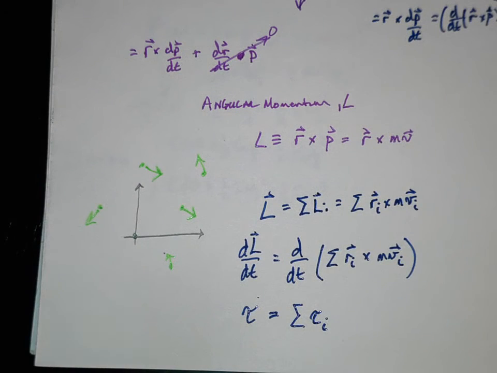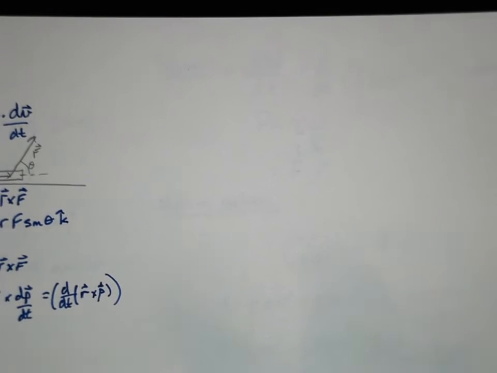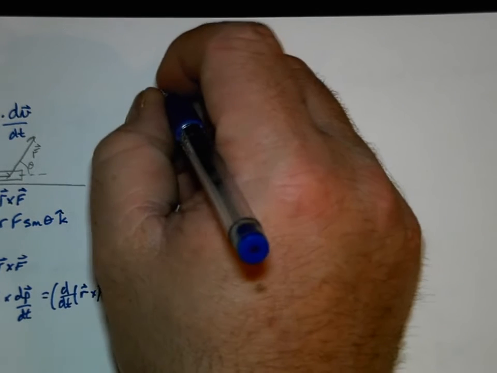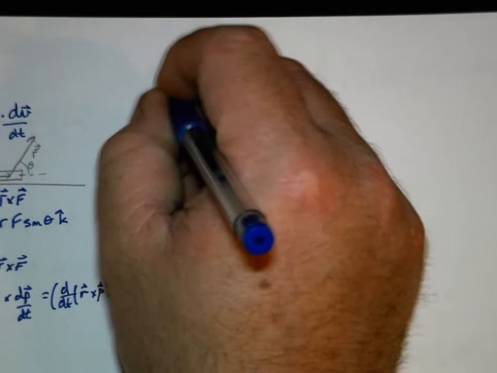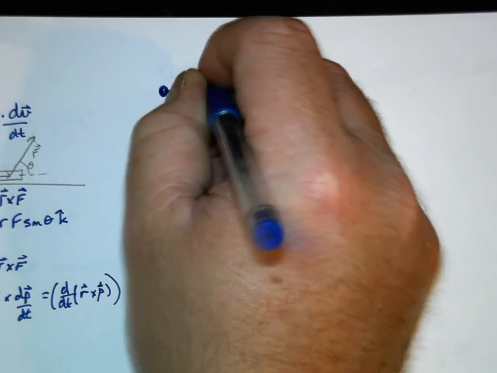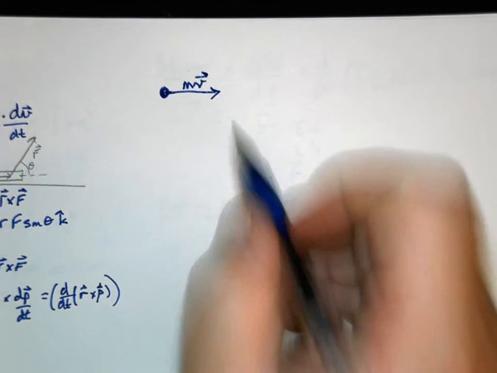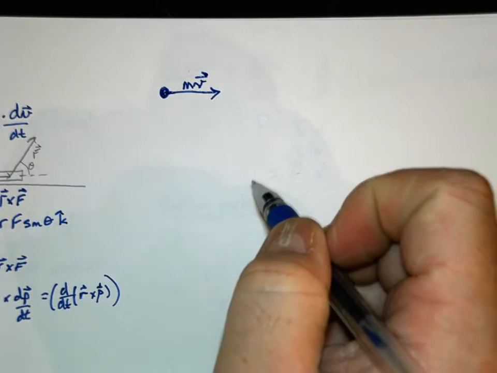Now, there is an unusual case, and this happens with objects that are not rotating or revolving but can still have an angular momentum. And here's a situation where that happens. You have an object right here that has a momentum of mv. Okay, but you want to determine its angular momentum about a point that is off of the line.